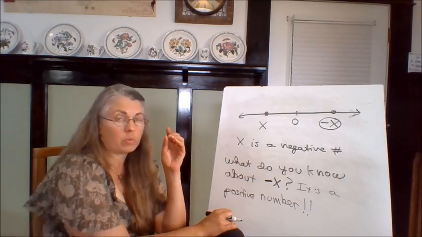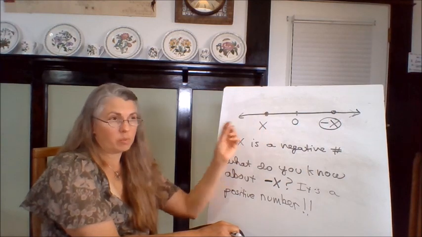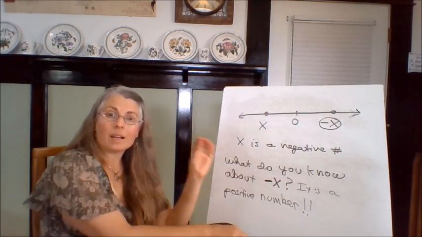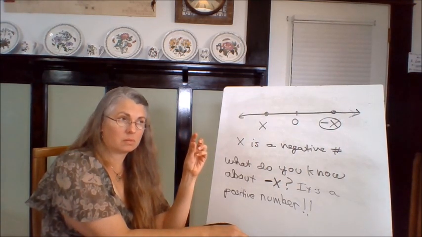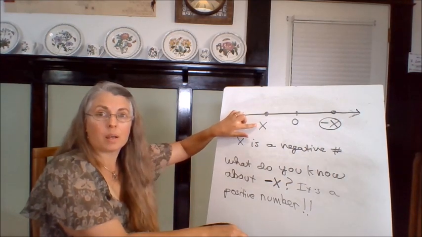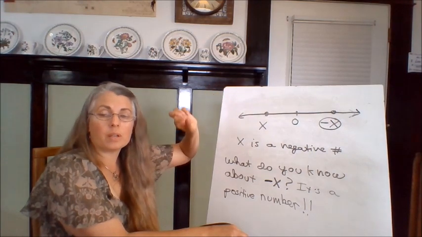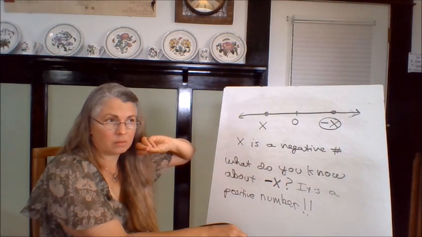Here's one way to wrap your head around that: when x represents a specific number, the sign of that number is included in the letter. x represents a number, and a number can be positive or negative, and whether it's positive or negative is included in the letter x.